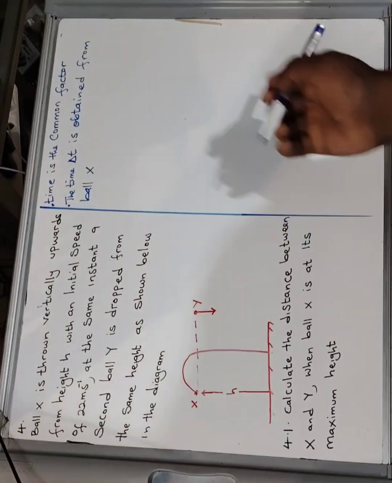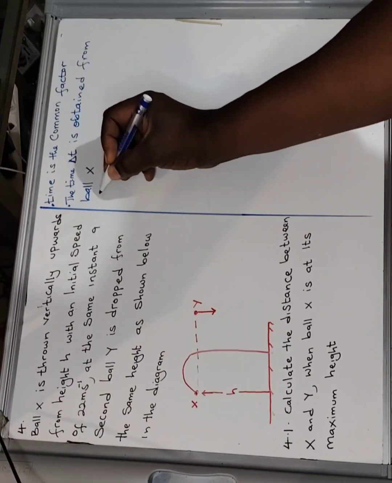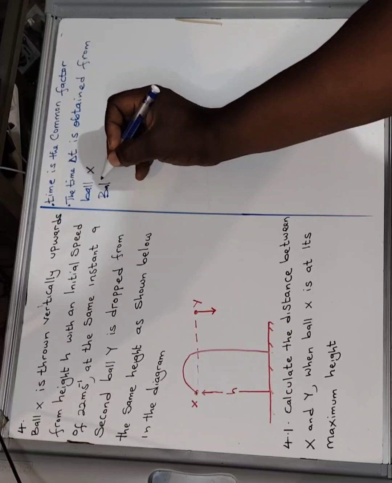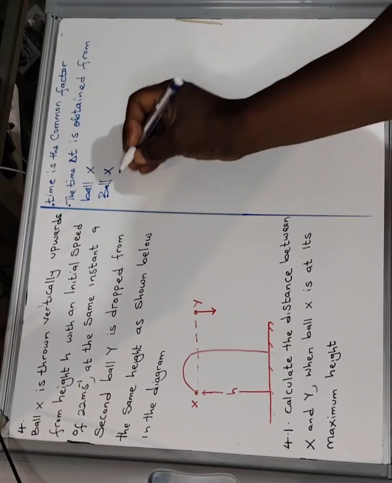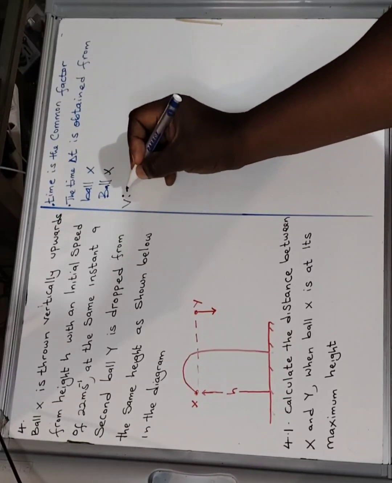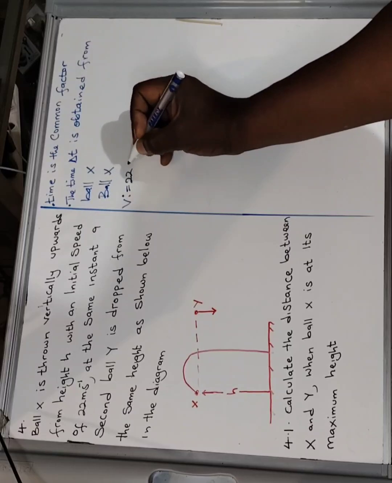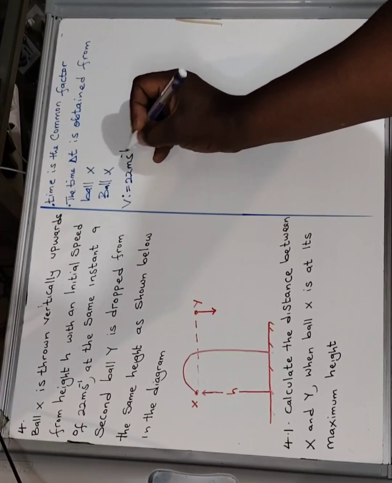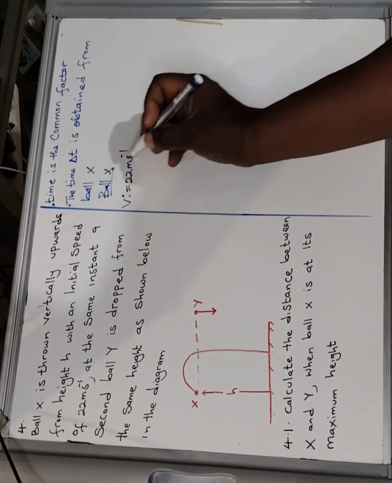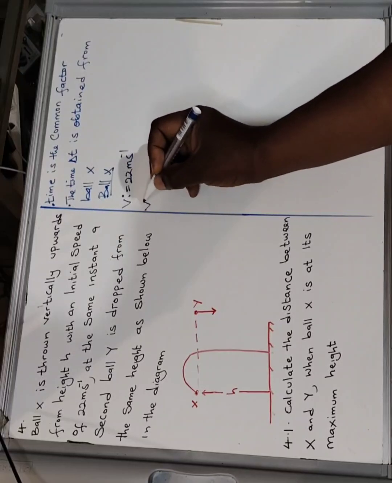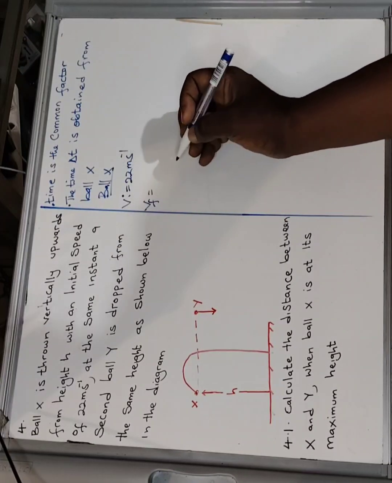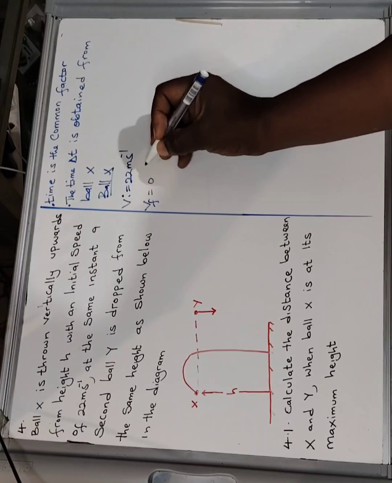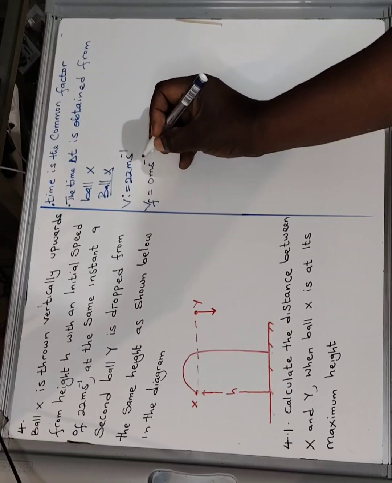So what do we know about ball X? We know initial velocity, which is 22 meters per second. What else do we know? We know final velocity because we are talking about maximum height, which is 0 meters per second.